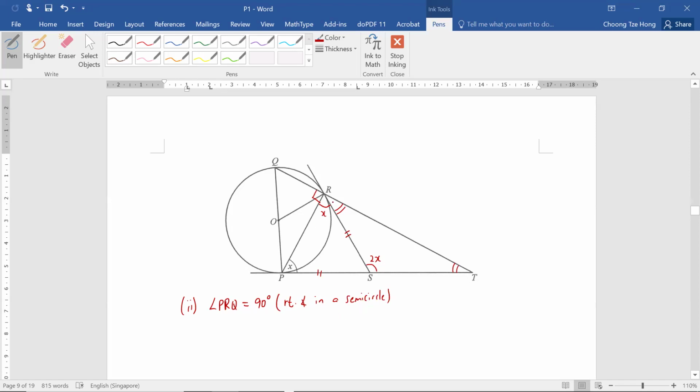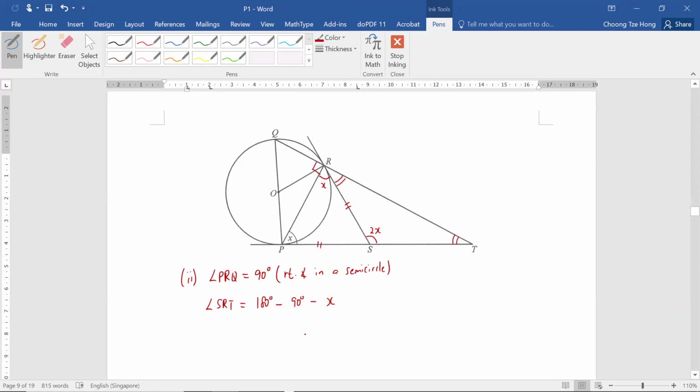If this is 90, then we will have no problem finding angle SRT, because they are adjacent angles on a straight line. So angle SRT will be 180 minus the 90 degrees, which is angle PRQ, minus x, which is angle PRS.